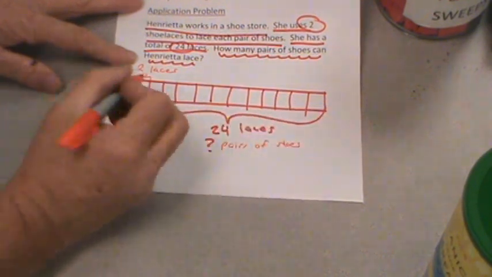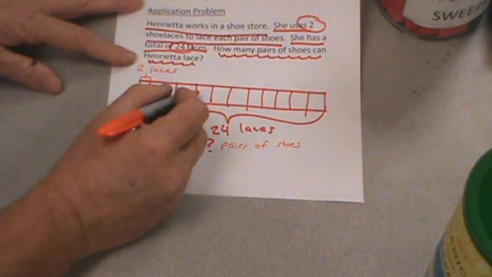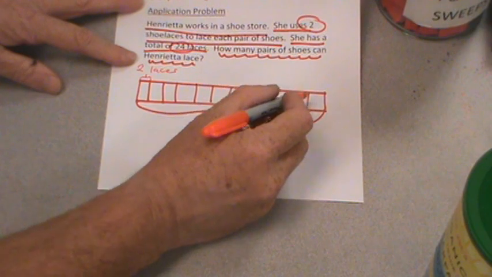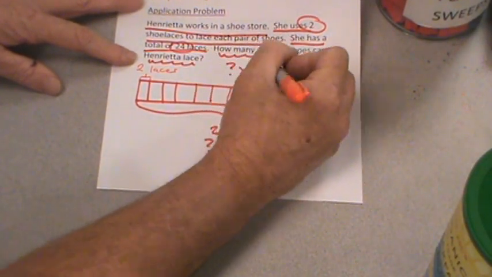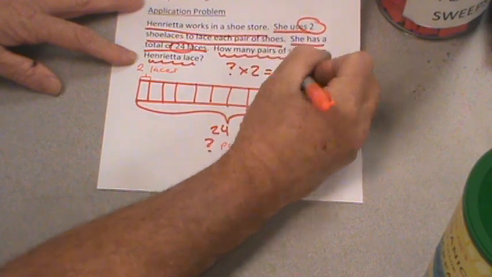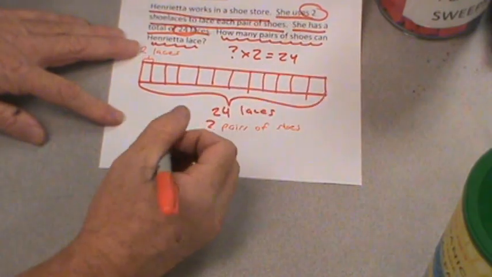So it looks like we have a total of shoes, because we had 2 laces to each shoe, 1, 2, 3, 4, 5, 6, 7, 8, 9, 10, 11, 12. So we did have this mystery, blank times 2 equals 24. So now we seem to know the answer. It'd be 12 times 2 equals 24.